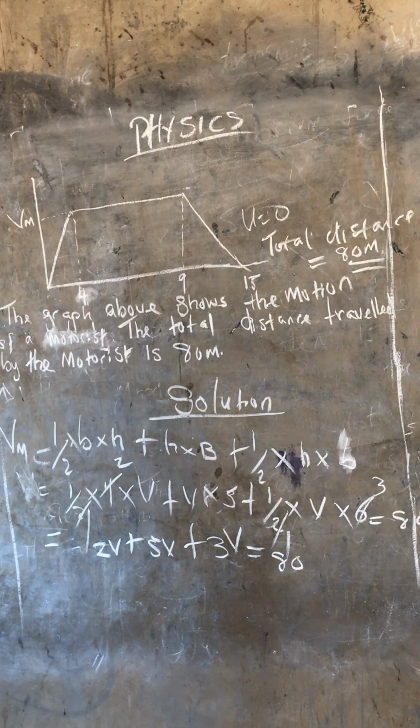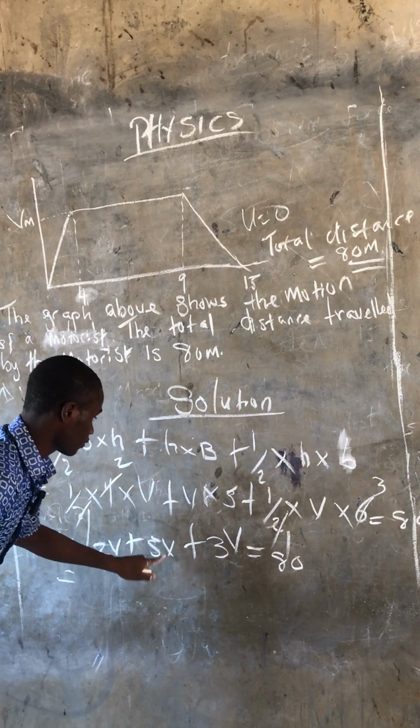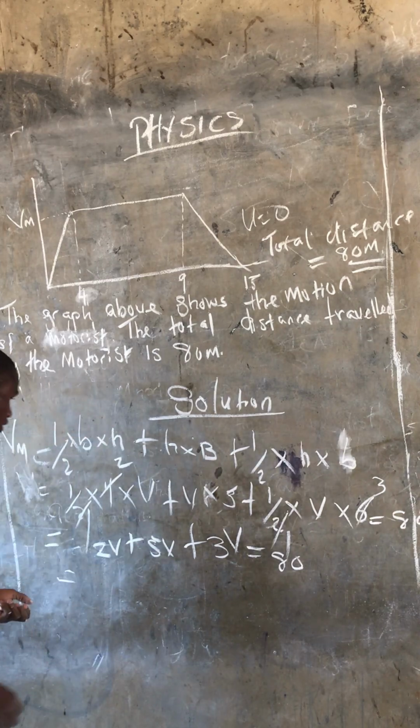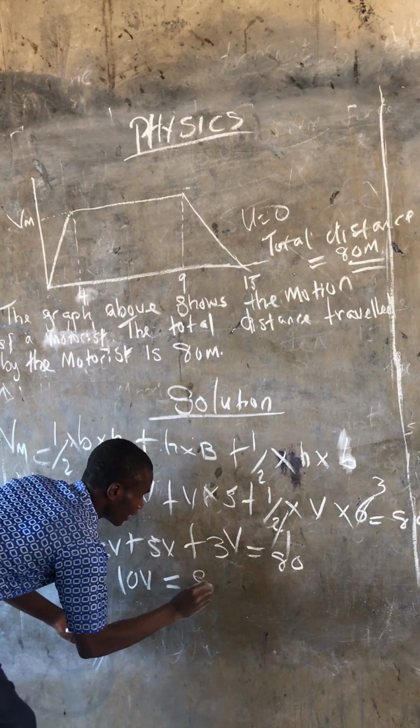Then 2 plus 5 is 7, plus 3 is 10. So our 10v is equal to 80.